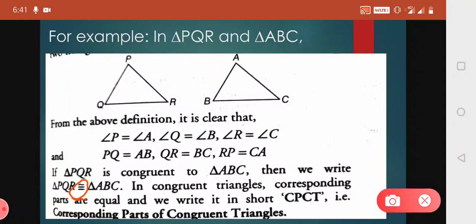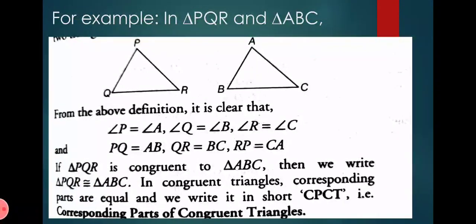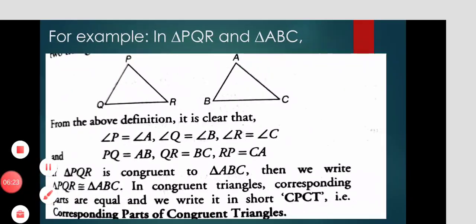Now in congruent triangles, corresponding parts are equal and we write in short CPCT, that is corresponding parts of congruent triangles.